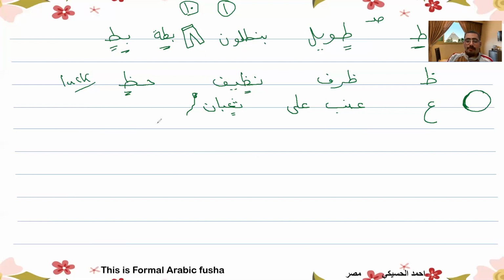And sometimes in books, you can find it as here. This is عين and this is عين also. So you can write ثعبان with this shape.